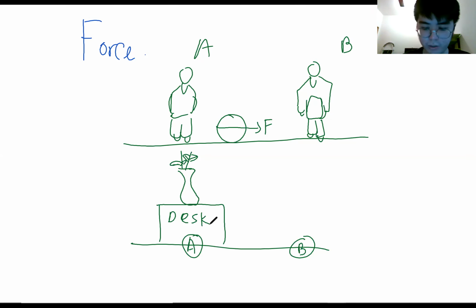Other examples: hitting a hammer on a nail, you're applying a force on the nail, stopping a moving ball, opening a drawer, playing a guitar, moving a piece on the chessboard. All of this requires force. These are just a handful of the simply too many actions that we can perform on an object.